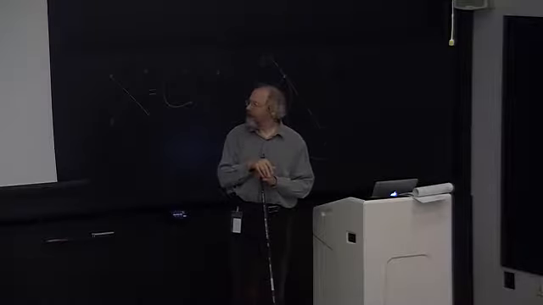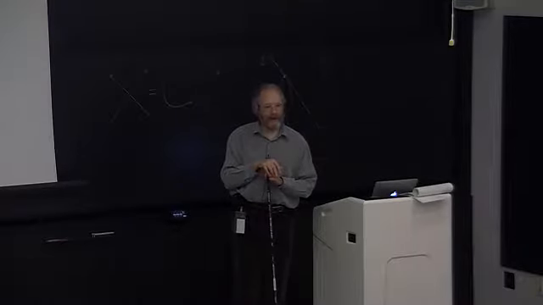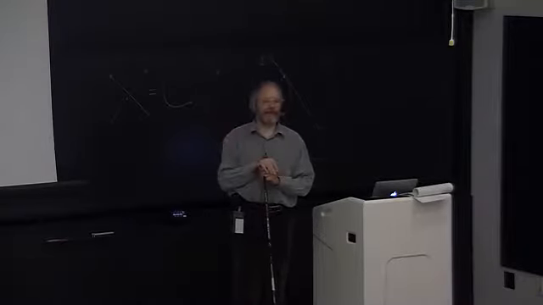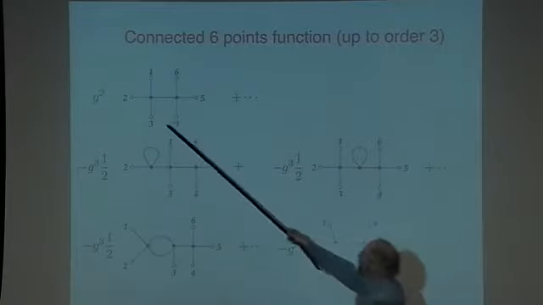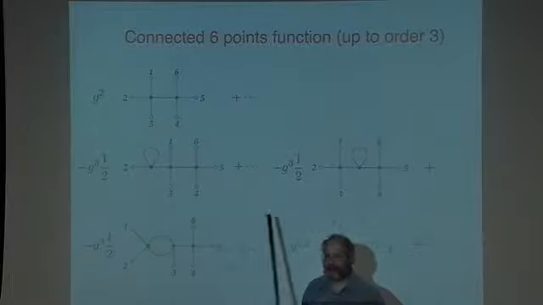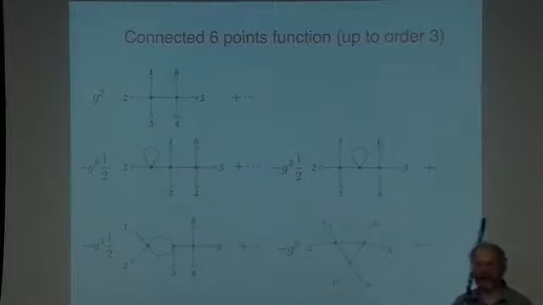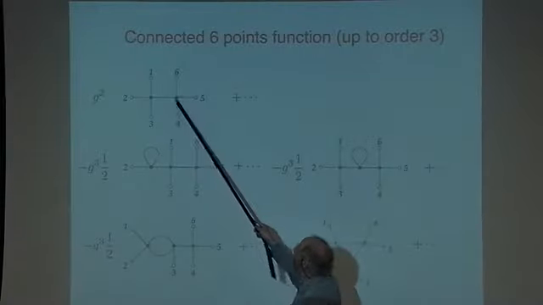At first order, there are no connected diagrams. Connected diagrams appear only at order 2 in the coupling constant. So connected diagrams with 6 external vertices require at least 2 internal vertices. And here is one. It's a double cross.